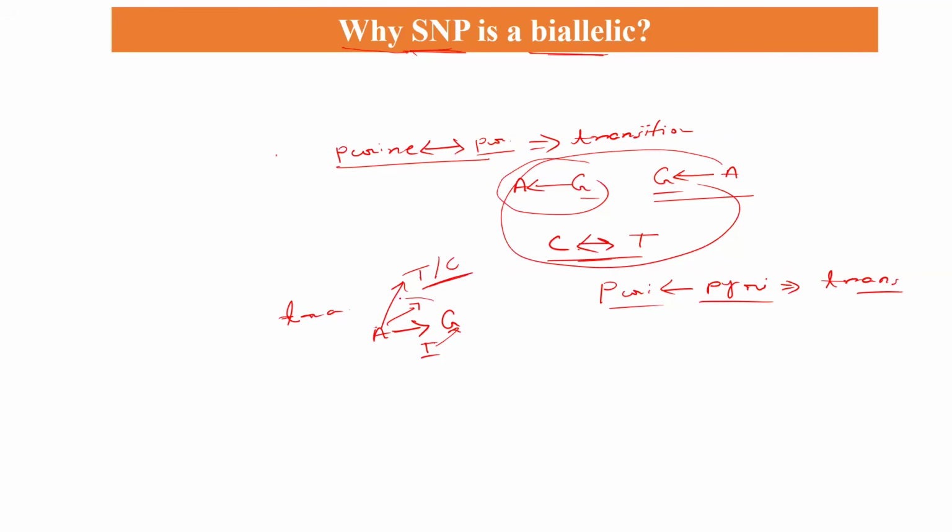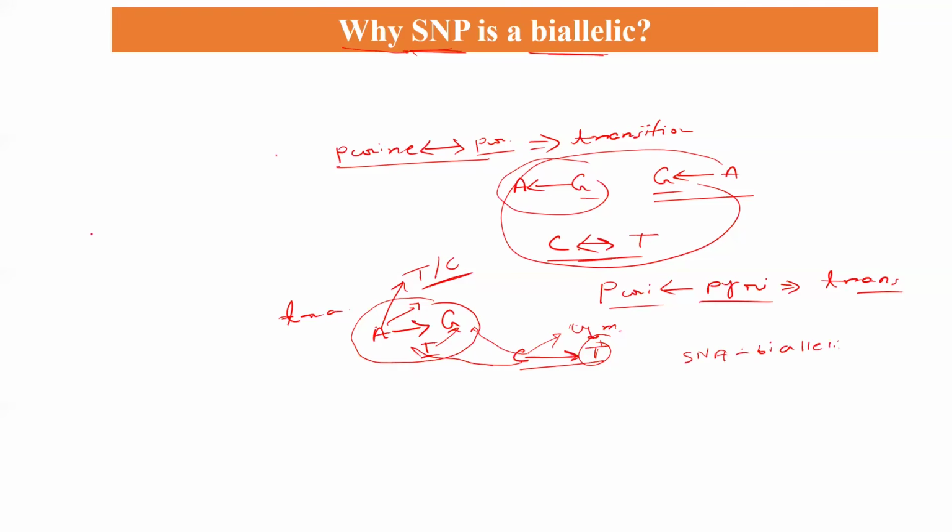Similarly, C undergoes deamination and 5-methylation to produce T: deamination produces uracil, and methylation of uracil produces thymine. So C to T is possible, but C to A or C to G is generally not possible. Therefore SNP is biallelic in nature.